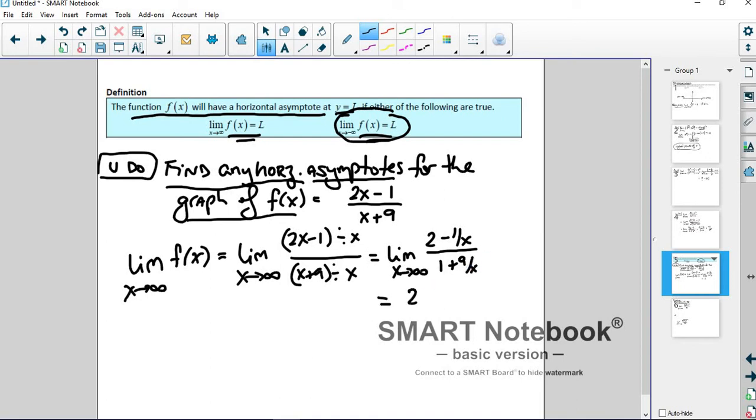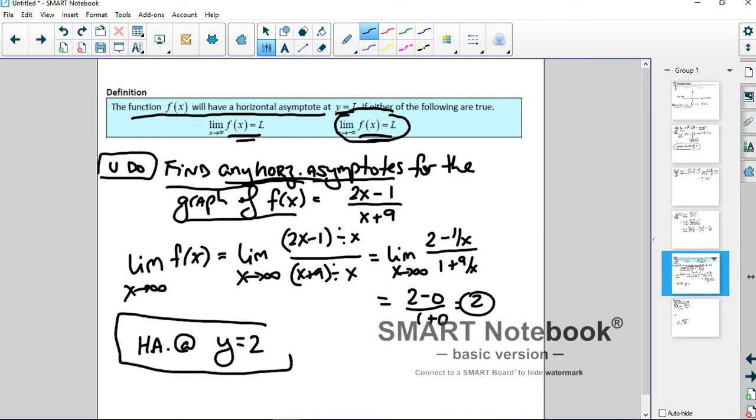And so this becomes 2 minus 0 over 1 plus 0, and that's a 2. Okay? And so that's not my answer, though. Find any horizontal asymptotes. Horizontal asymptote at the line y equals 2. That's my answer right there.